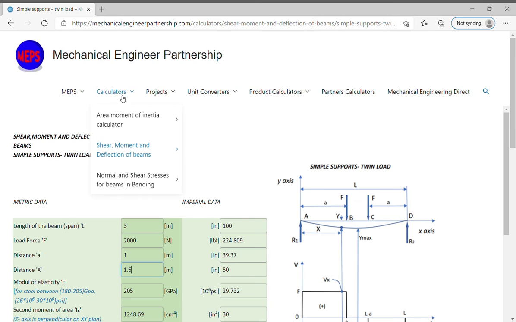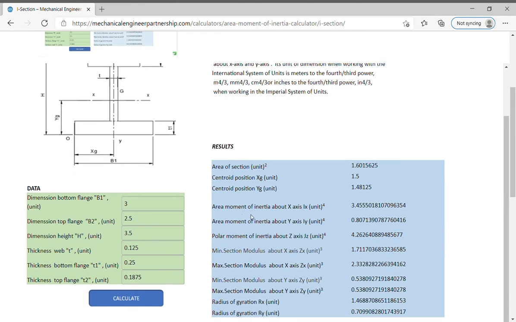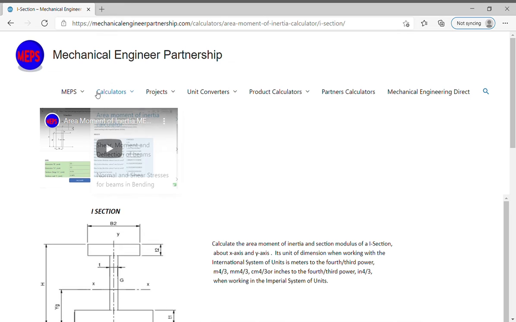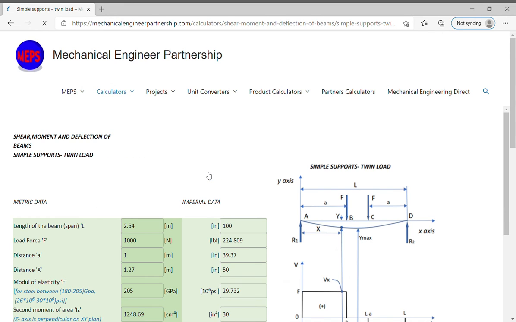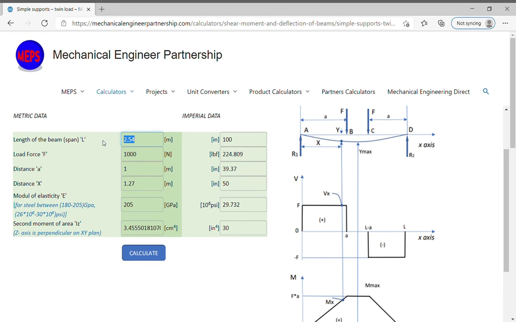If not, choose calculators and then area moment of inertia, choose your beam section, for example an I section, choose area moment of inertia about X axis, in this specific case, copy the value and return to the simple supports twin load, shear moment, and deflection of beam calculator, paste the value of area moment of inertia in the second moment of area cell, replace the length L, 3 meters, 2000 newtons for F forces, and 1 meter for a distance, and then 1.5 meters for x distance, in the middle of the beam, modulus of elasticity 205 gigapascal, and then calculate.